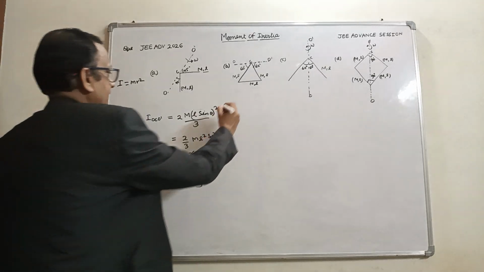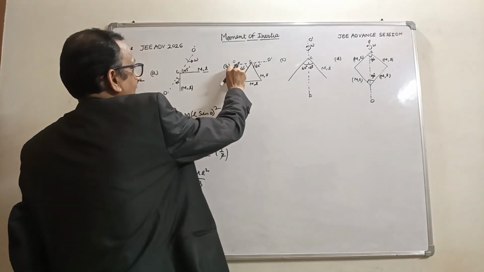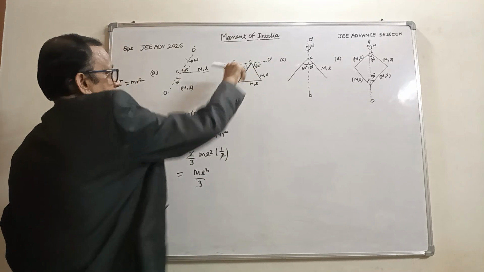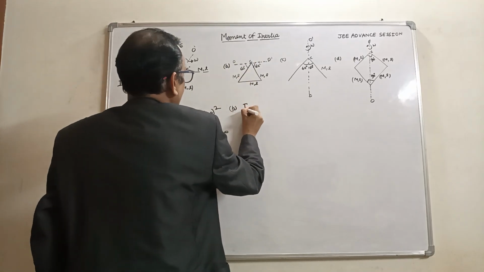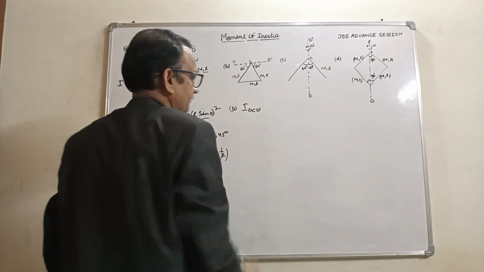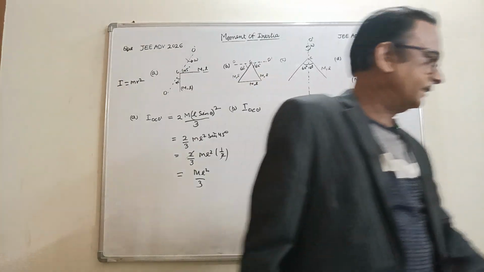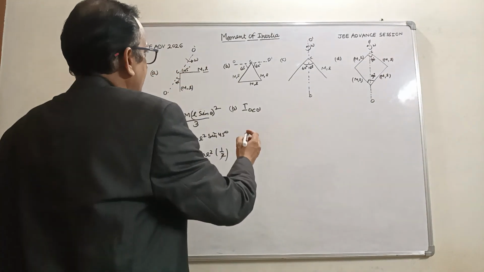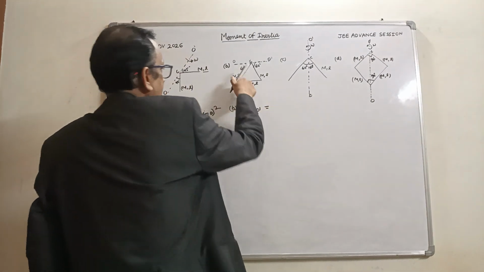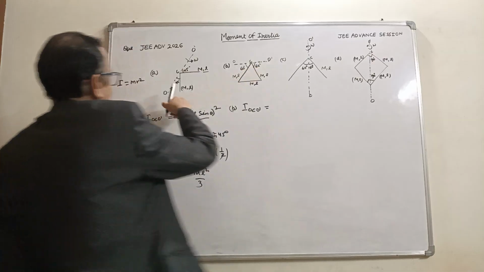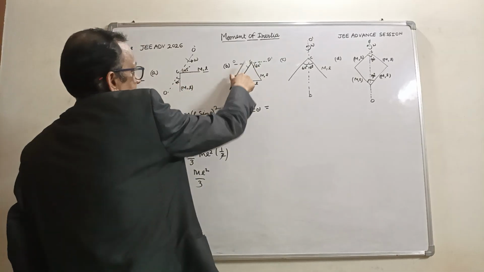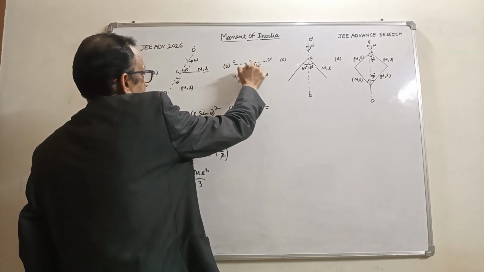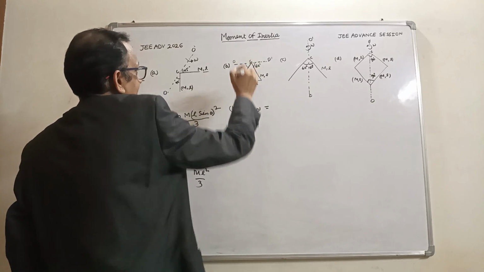In this case, we have to find the moment of inertia about the axis, that is OO dash. So for this rod and this rod, similarly, the perpendicular distance would be L sin 60.